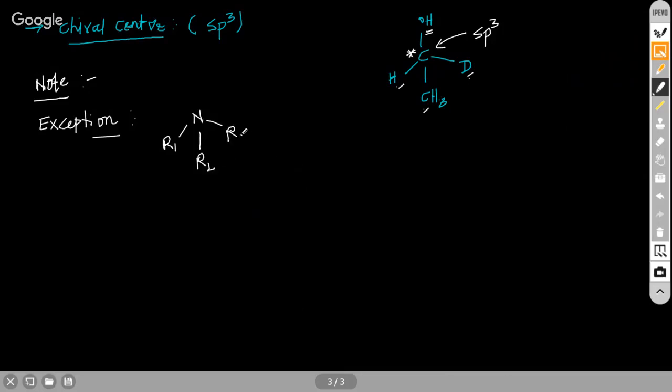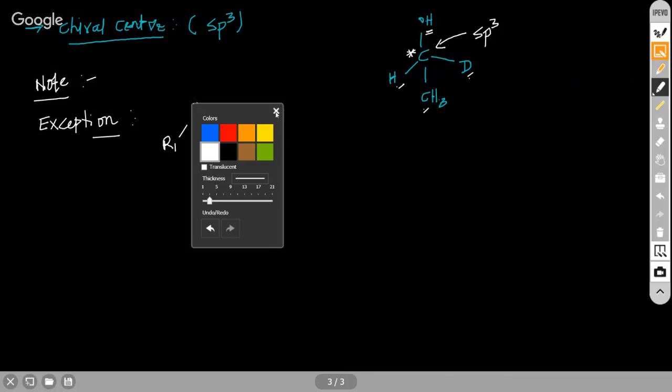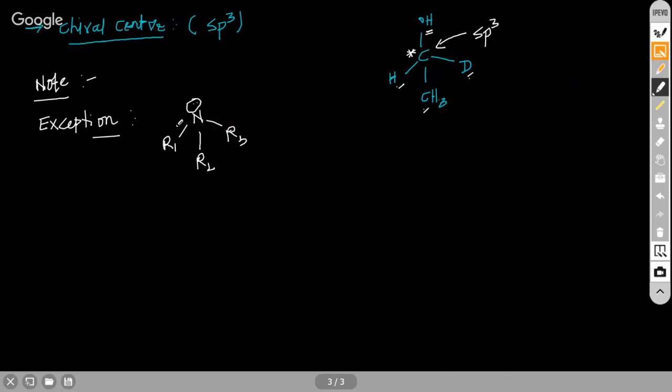Apart from these three alkyl groups, we have one lone pair present on the nitrogen atom. So you see this nitrogen atom is also sp3 hybridized. Four different groups are there: R1, R2, R3, and a lone pair, right?